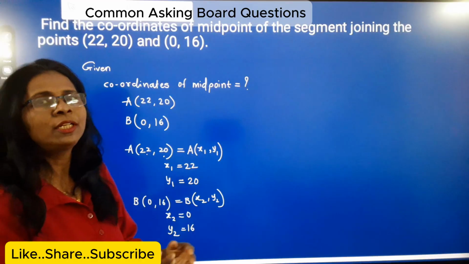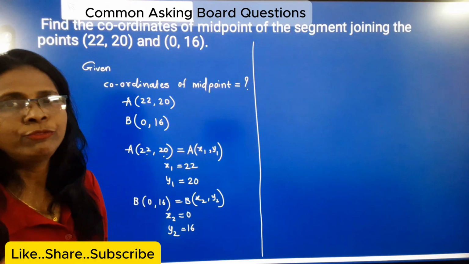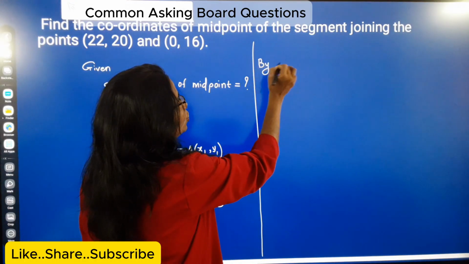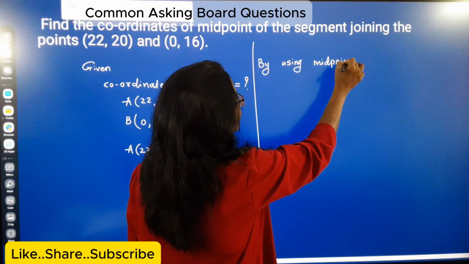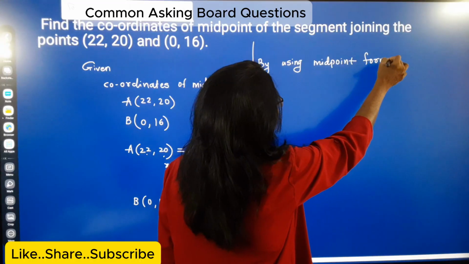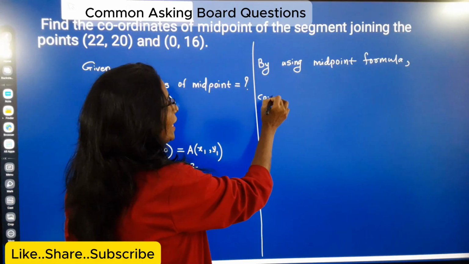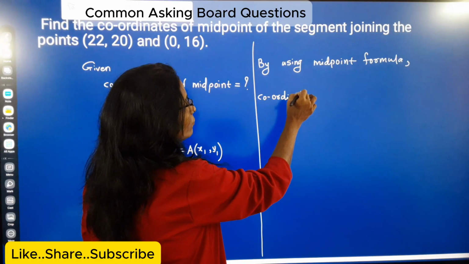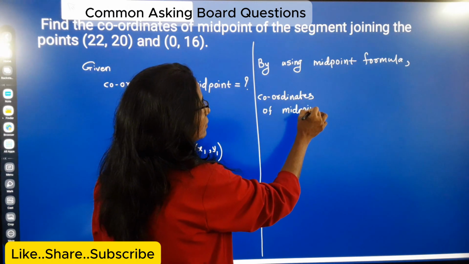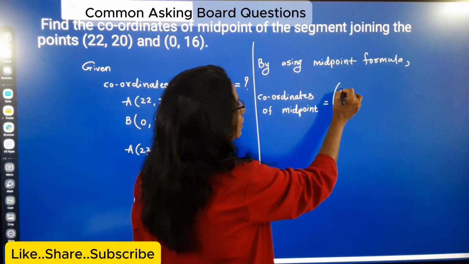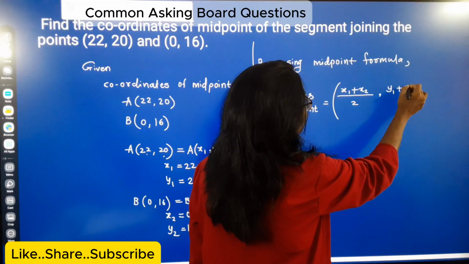Then afterward use the midpoint formula. By using the midpoint formula, the coordinates of midpoint is equal to ((x1 plus x2) upon 2, (y1 plus y2) upon 2).